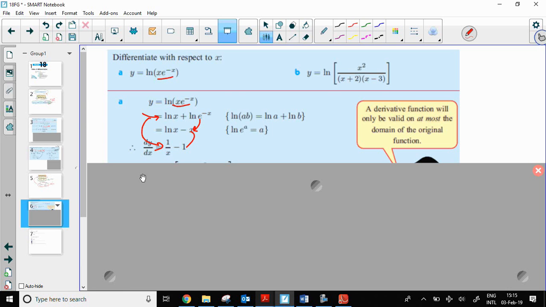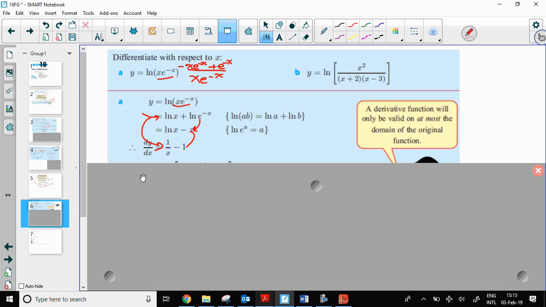which would be to take the derivative of x times e to the negative x divided by x times e to the negative x. So the derivative of that would be product rule, x times the derivative of e to the negative x. The derivative of e to the negative x will be e to the negative x multiplied by -1 plus the derivative of x, which is 1, multiplied by e to the negative x.